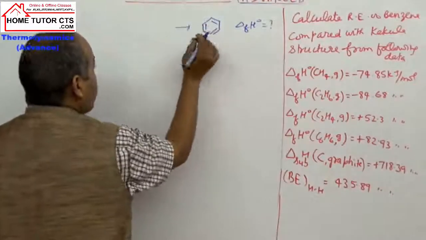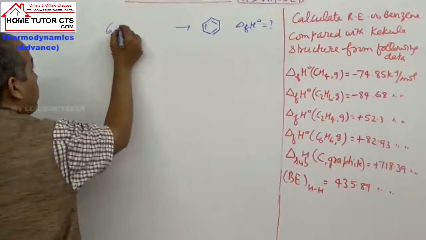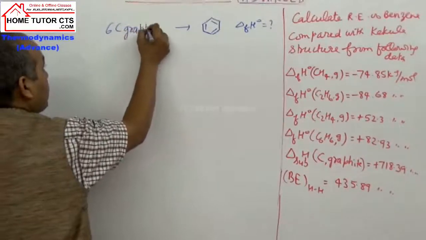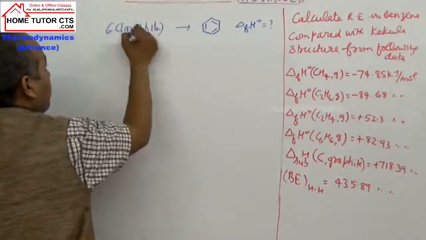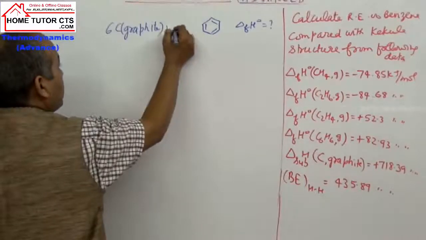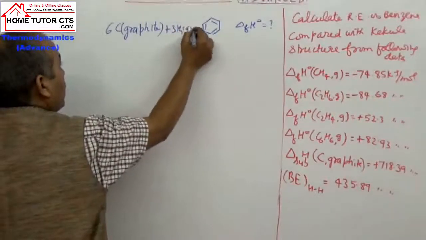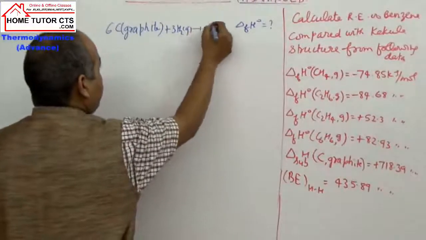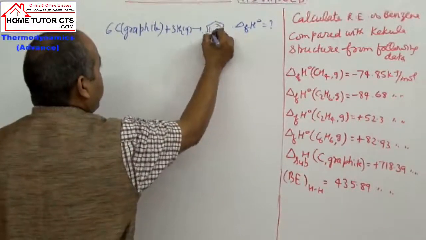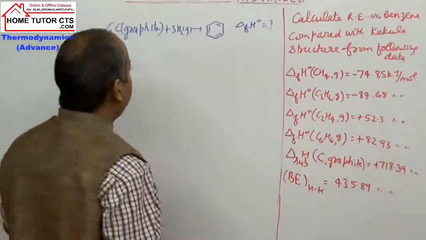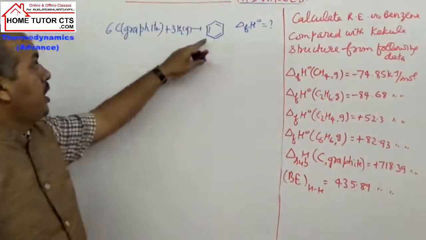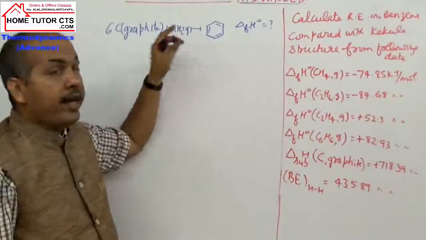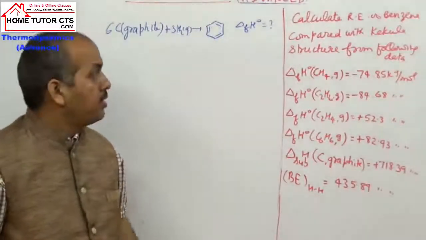To get this benzene structure, what do we require? 6 carbon graphite plus 3 hydrogen gas can form this compound benzene. It is the benzene's Kekulé structure. It has 3 carbon-carbon single bonds, 3 carbon-carbon double bonds, and 6 carbon to hydrogen single bonds.